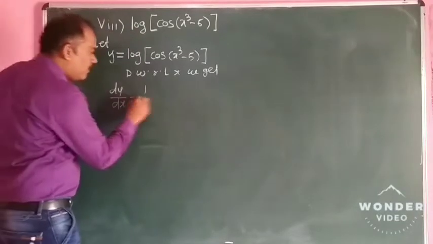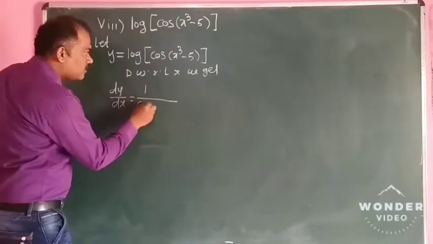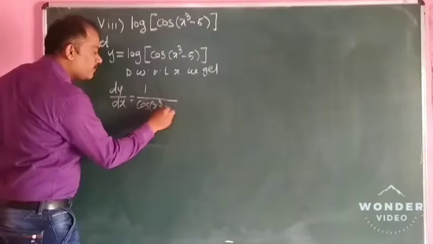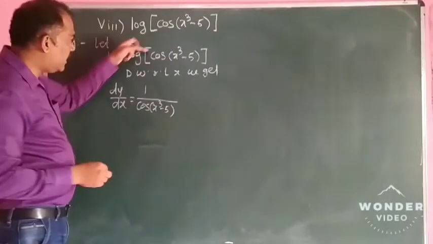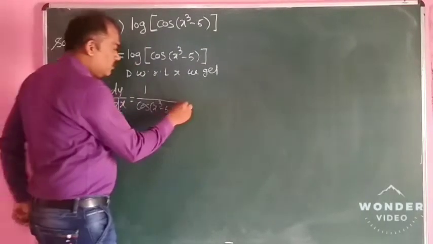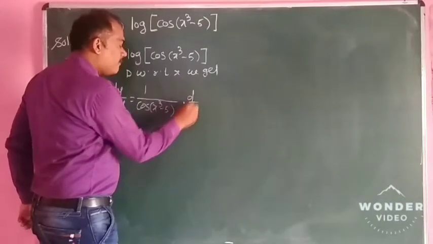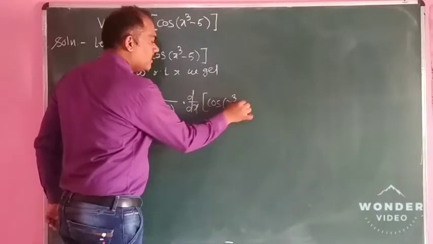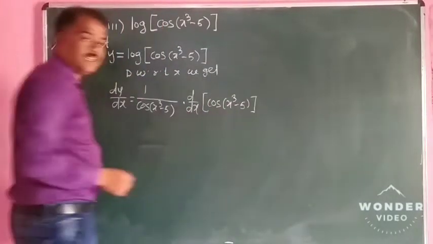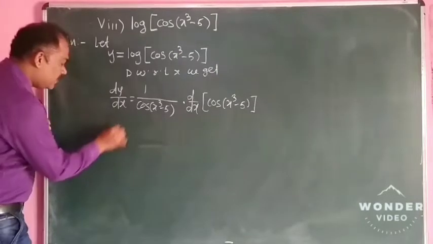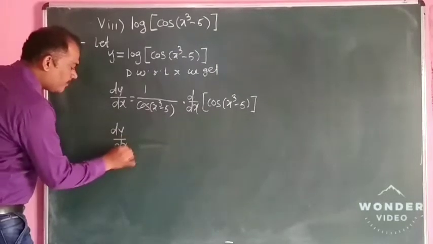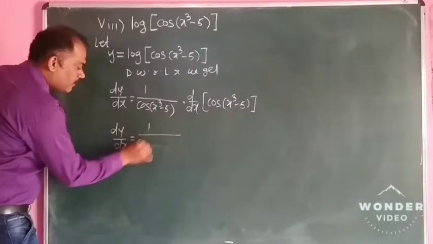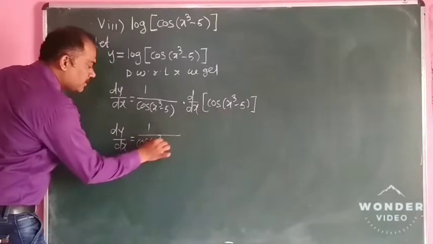Instead of x, cos of x cube minus 5. Then we have to take the derivative of this cos into d/dx of cos of x cube minus 5. Okay, that is dy by dx is equal to 1 upon cos of x cube minus 5.